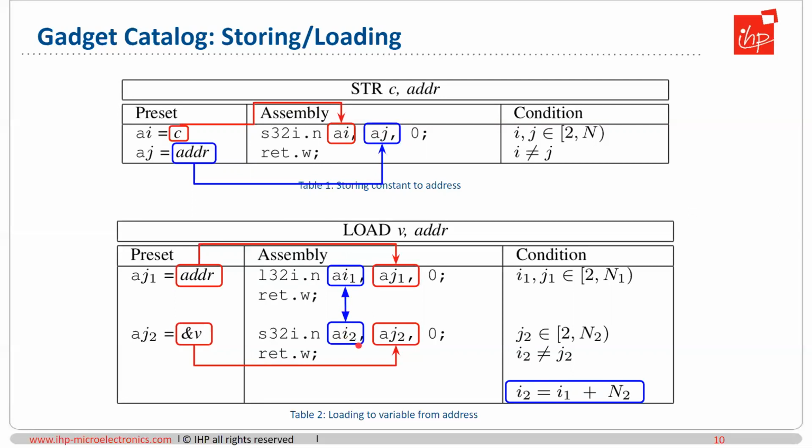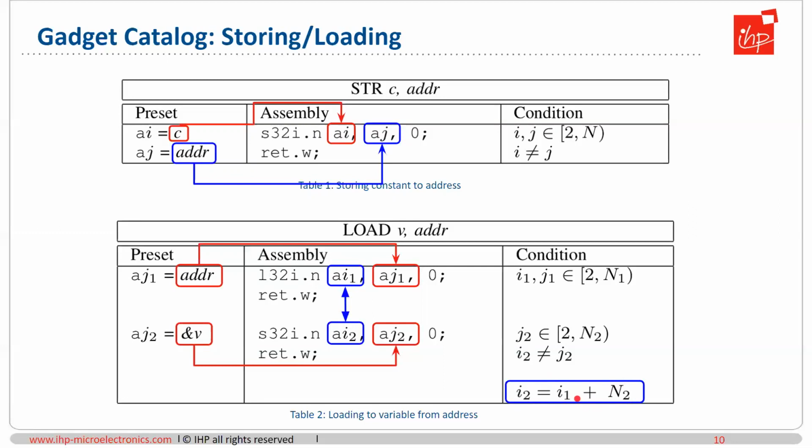So the idea is that after the load instruction, the retw instruction rotates the window, and the same register can be invoked by using another index. The index can be calculated using this simple formula, which is the addition of the first index with the rotation size.